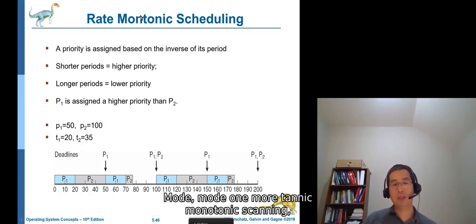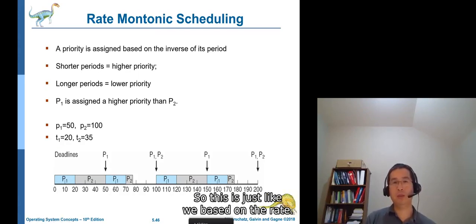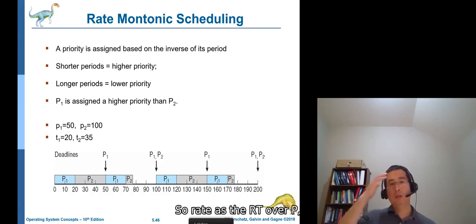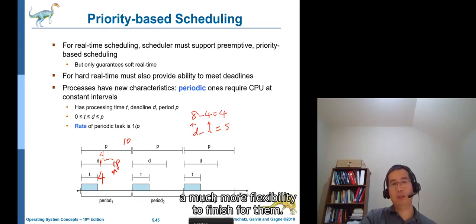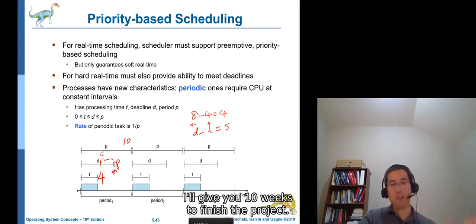We use rate monotonic scheduling. Monotonic means increasing or decreasing. So we base it on the rate. The rate is the priority, 1 over P, because P is the period. If the period is long, that means you have much more flexibility to finish.